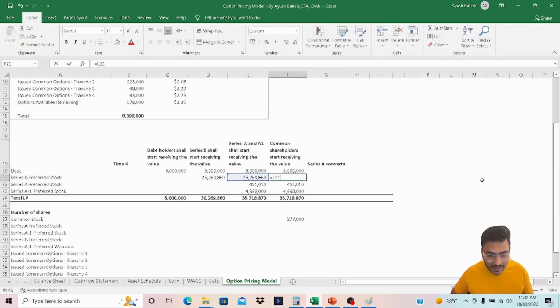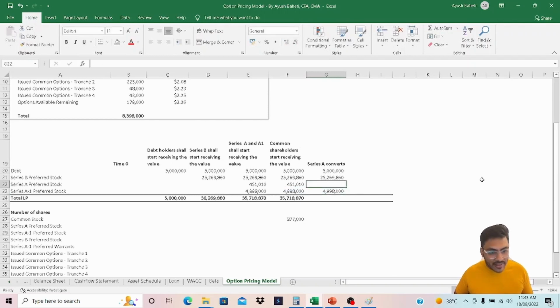Okay, so I am linking this again because until these preferred shareholders convert into equity shareholders, they will keep on receiving the value since we are calculating the cumulative strike price. So in this case, I'll link the debt, I'll link series B, and I will link series A1.